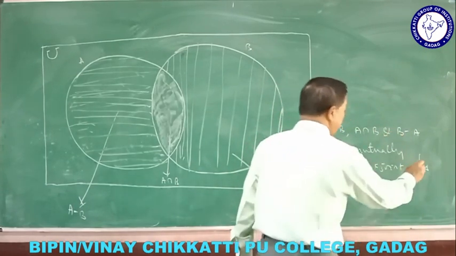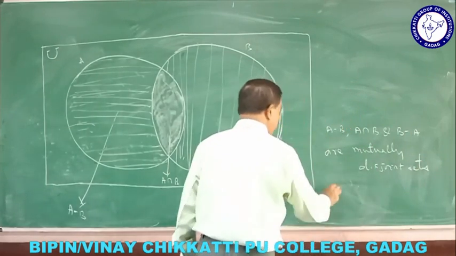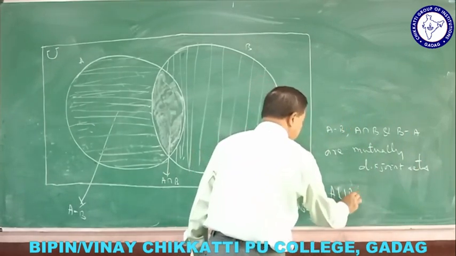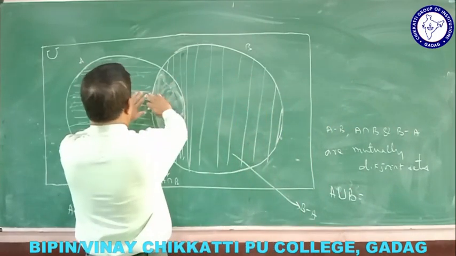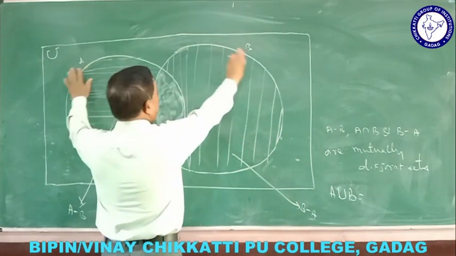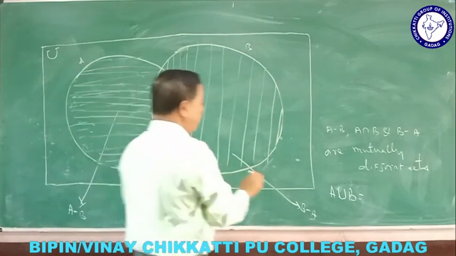But when they are mutually disjoint, try to understand what A union B is. A union B is entirely all of this.